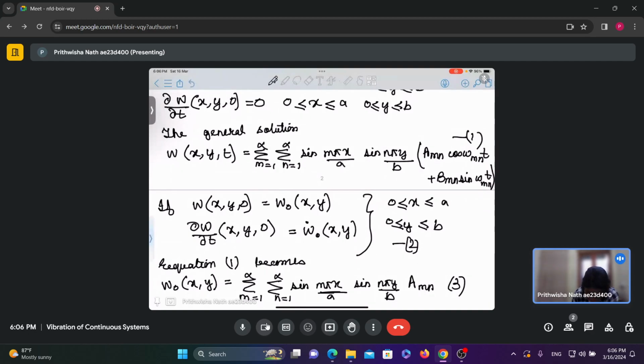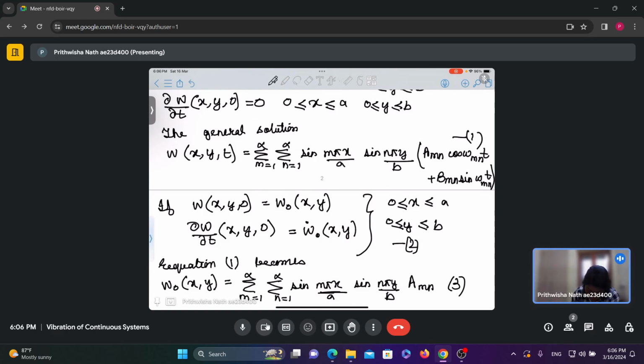So the final expression will become W naught sine pi x by A sine pi y by B cos omega 1 t, and AMN is W naught.